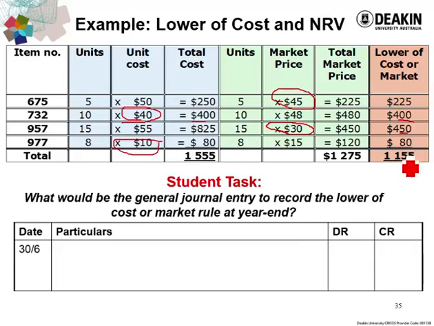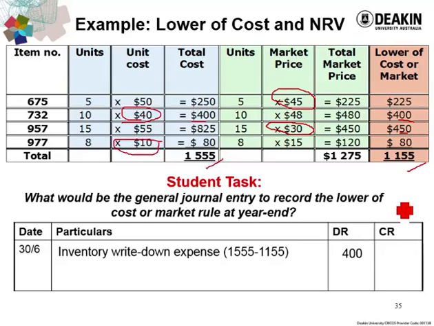So the total for our lower of cost and net realizable value, so the total for LCM rule is 1155, and we need to compare 1155 with 1555, which is the total cost. And in this case, we are required to write down the total cost to lower of cost on net realizable value, which is 1155. So to write down the inventory, we would debit inventory write down expense and credit inventory $400.